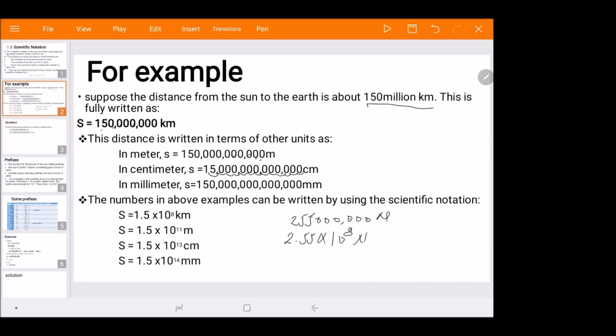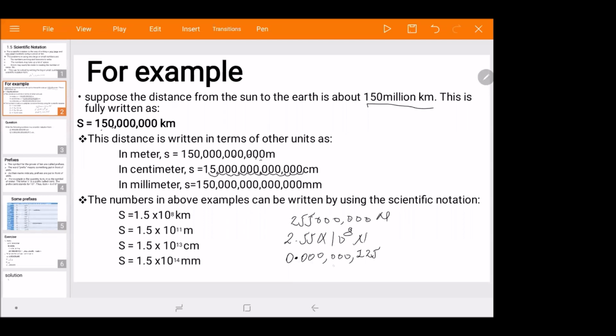Again, for a very small number, the same is true. For example, 0.000001.25, maybe it has a unit or not, no problem.